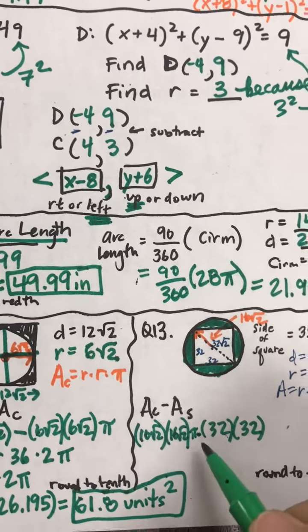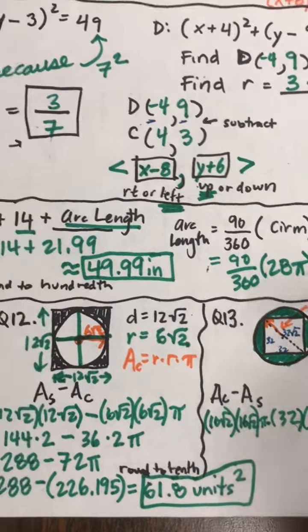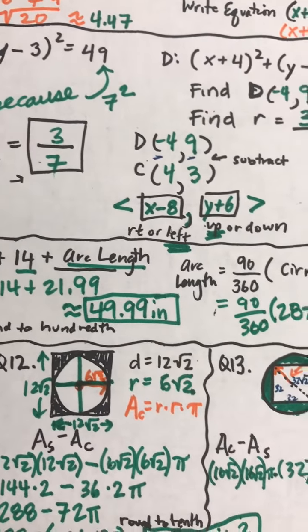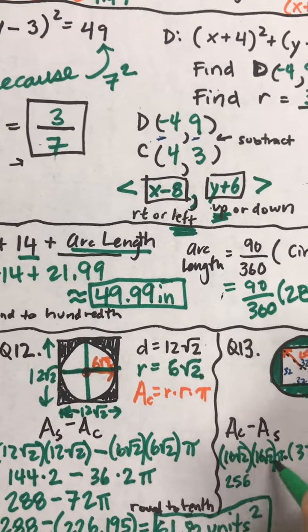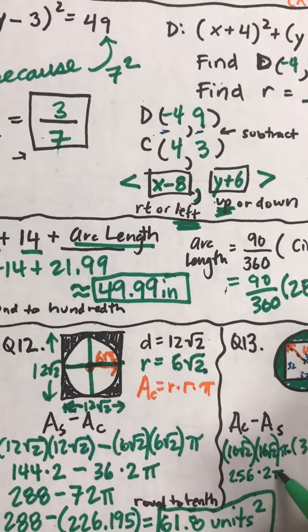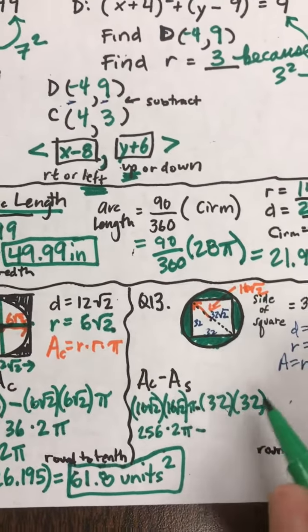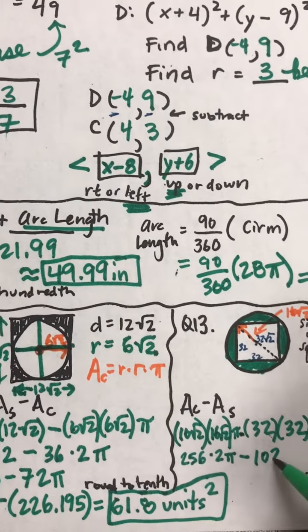And then I need to wiggle in my subtraction sign. We're running out of room, because it's the area of my circle minus the square. So let's rewrite that. 16 times 16 is 256, and the square root of 2 times the square root of 2 is 2. I still have my pi, and again, that's a subtraction sign. 32 times 32 is 1024.